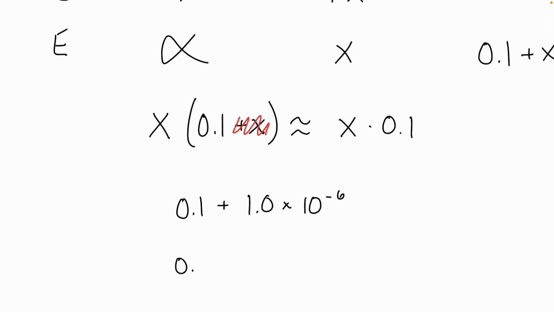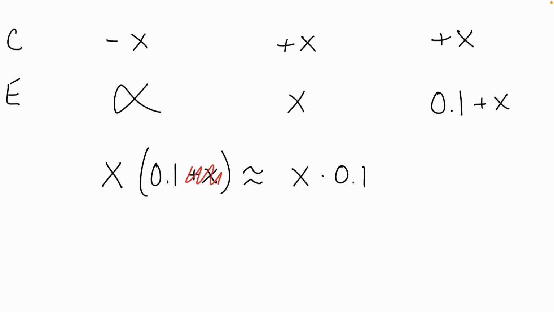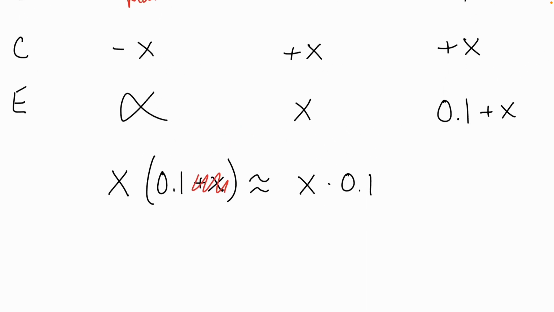That's basically the same number as just 0.1, from a mathematical standpoint. So X is so tiny that we can just assume that 0.1 plus X is the same thing as 0.1. And again, that's just an assumption that we're going to make because it makes our life easier from a math standpoint.